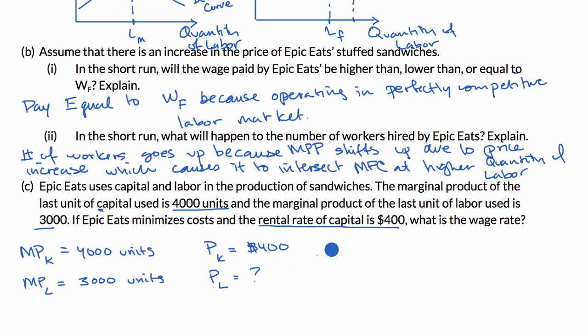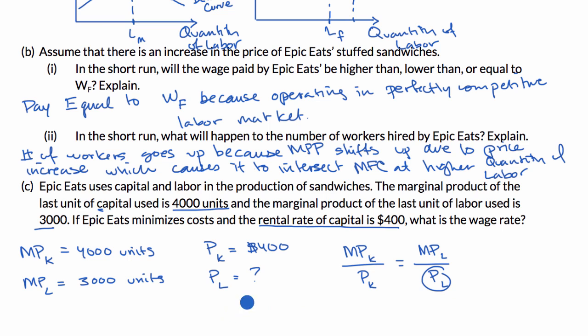The number of units per dollar from the capital is the marginal product of the capital divided by the price of the capital. And this needs to be equal to the number of units per dollar from that last unit of labor, the marginal product of labor divided by the price of labor. And then we just solve for this.